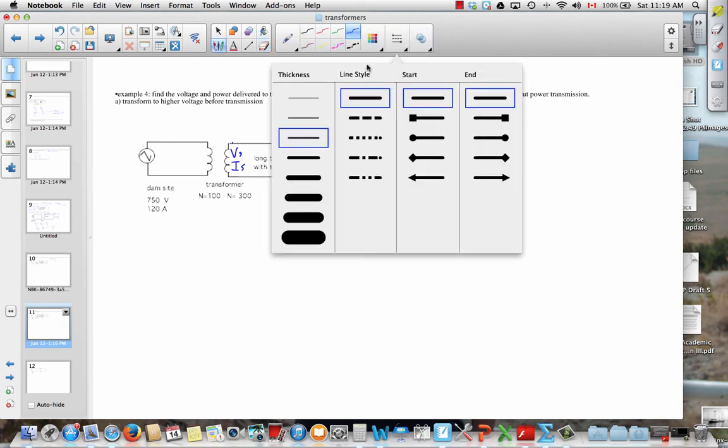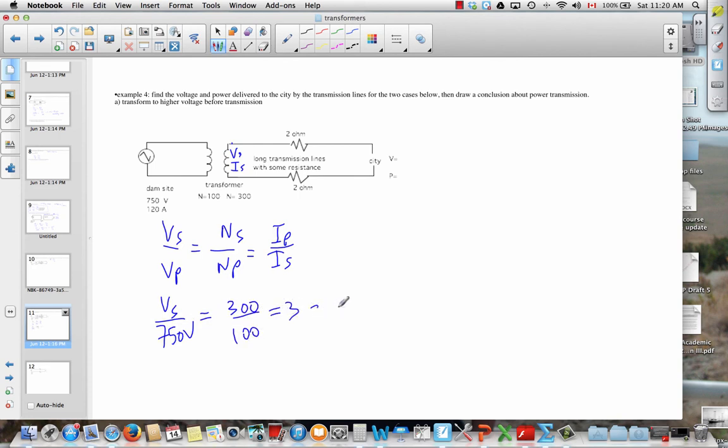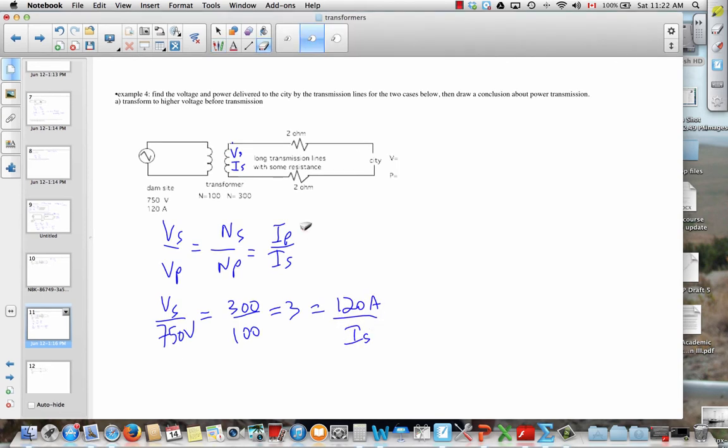And just for those who prefer to see the math, so secondary volts, secondary loops, secondary current, primary volts, primary loops, primary current. So secondary volts unknown, 750 volts, 300 over 100, that's a ratio of 3, 120 amps, and the unknown.